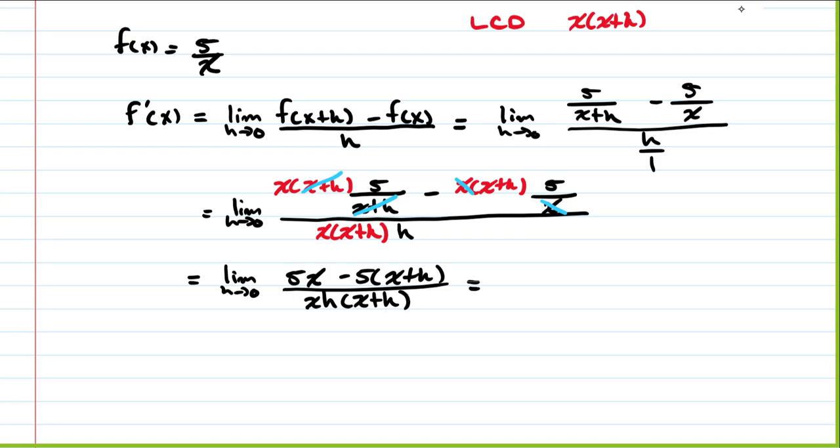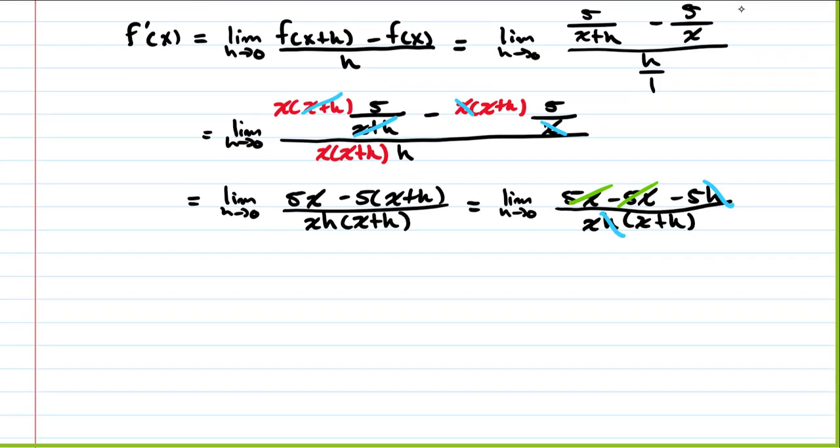So we distribute into our parentheses, giving us 5x minus 5x minus 5h, all over x times h times x plus h. So then positive 5x and negative 5x add to 0. Then I have a factor of h in the top and a factor of h in the bottom. So finally, after all of this, we have f prime of x is equal to negative 5 over x times x plus h.